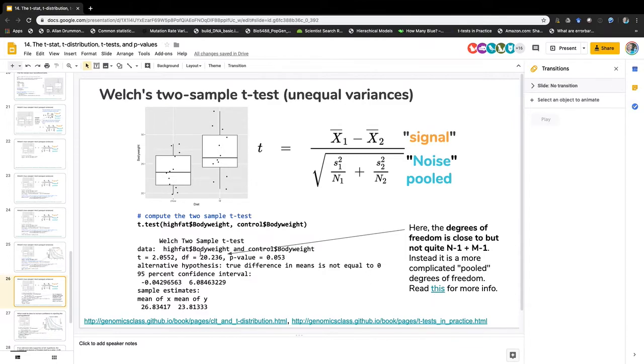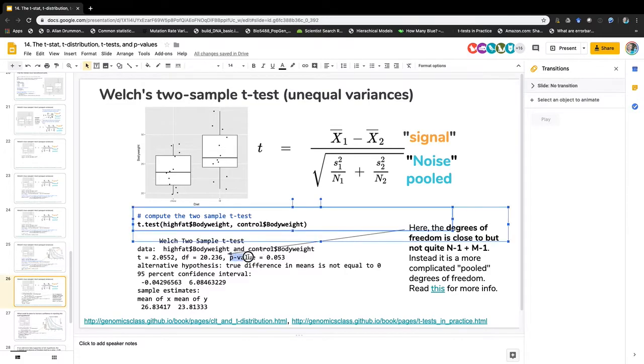We're reducing our degrees of freedom a little bit based upon the observed variance in our data. Okay, but we get, I guess intuitively, a p-value that is a little more improbable or significant, given that we have more degrees of freedom than we did in the one sample t-test for the same t-statistic.